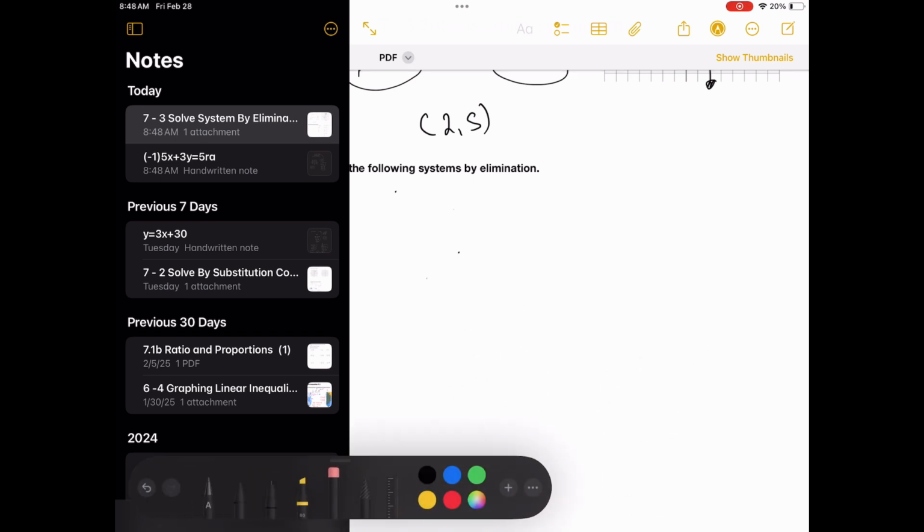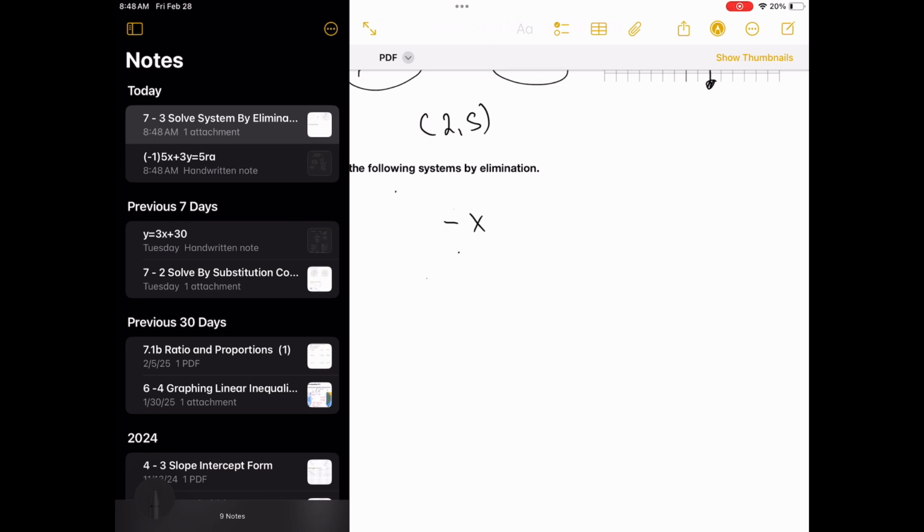All right, the next problem is a special case, but we'll work on it here. Let's do this one right here. We're going to have -x minus 4y equals 2. And then we're going to have -x minus 4y equals 2.